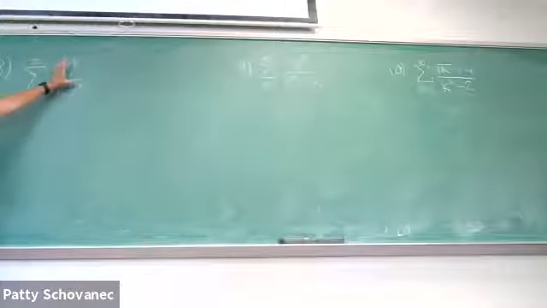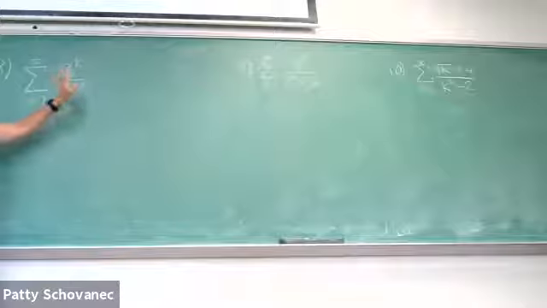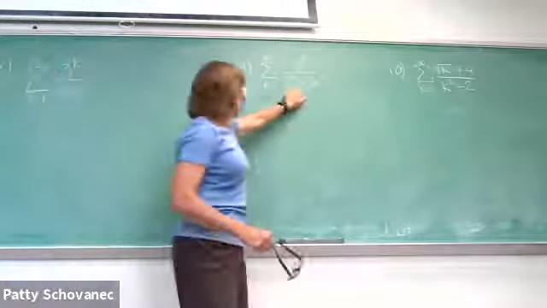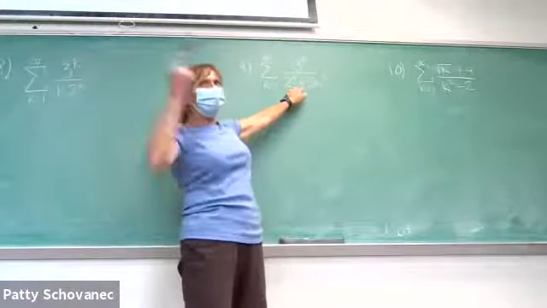Seeing these powers here and here and a multiplication, I know what test I want to use for powers and multiplication. See, the plus sign here keeps me away from that test that I'm talking about there.